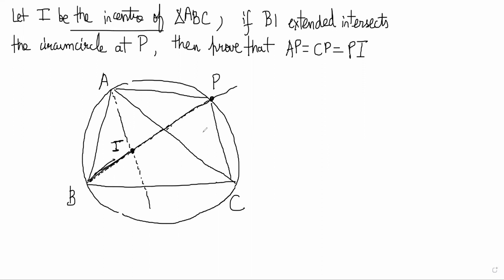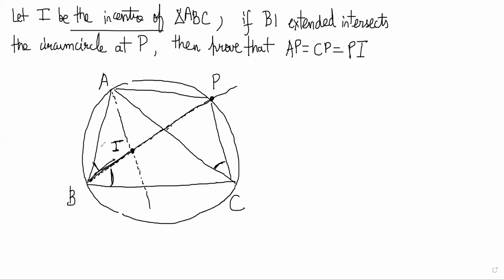Sir, AP is equal to CP. I have proved that since BI is the angle bisector, chord AP is subtending B by 2 angle, and it is also subtending B by 2 here, so triangle API is congruent to triangle CPI. How is it subtending B by 2 here?